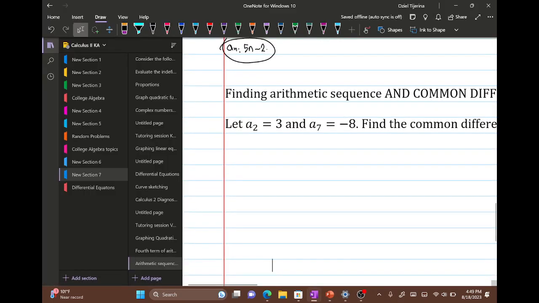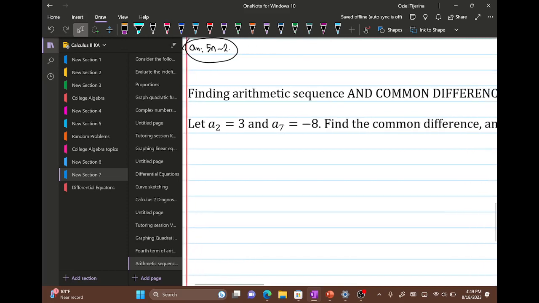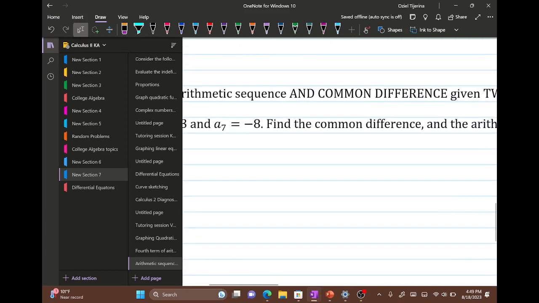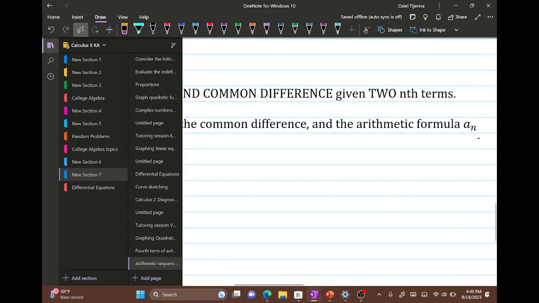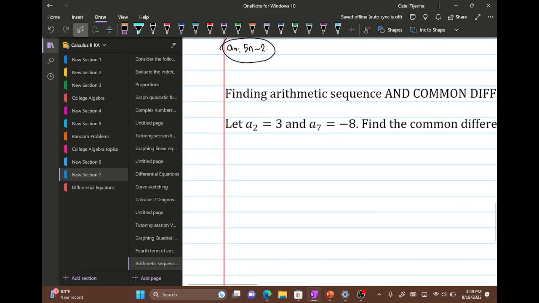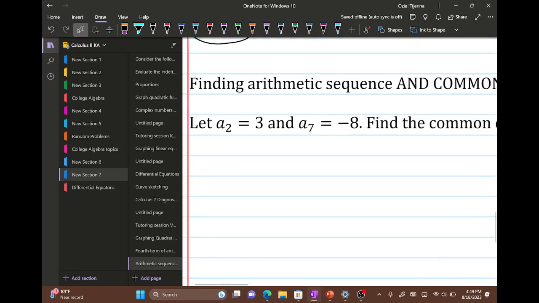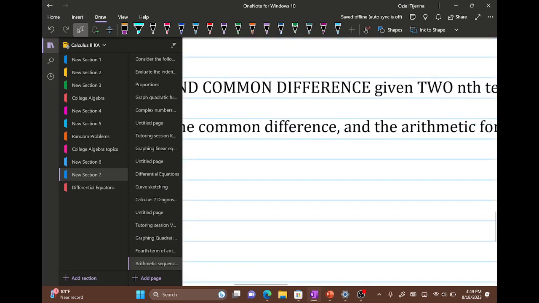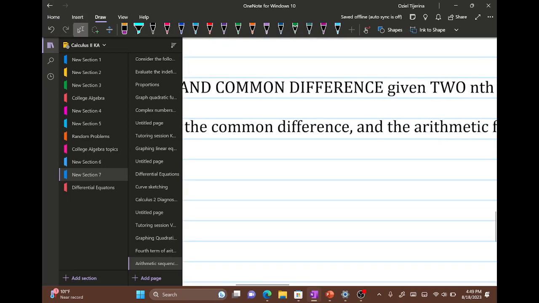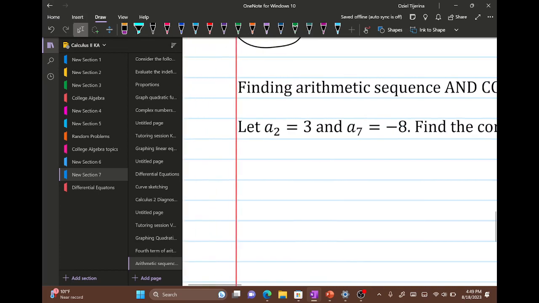Alright, so basically finding the arithmetic formula and common difference, given two n terms. So let a sub 2 equal 3 and a sub 7 equal -8. Find the common difference and the arithmetic formula a sub n. Actually I should change this to formula, not sequence.